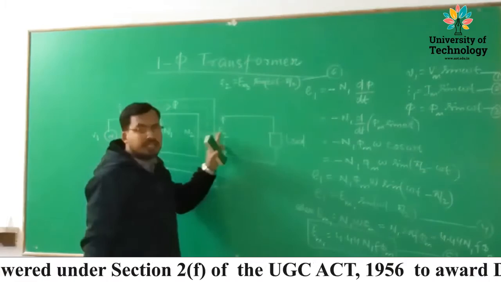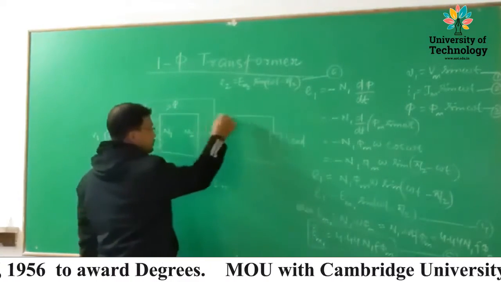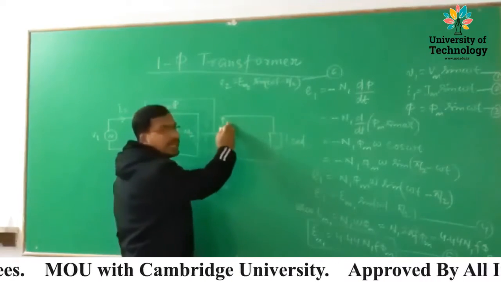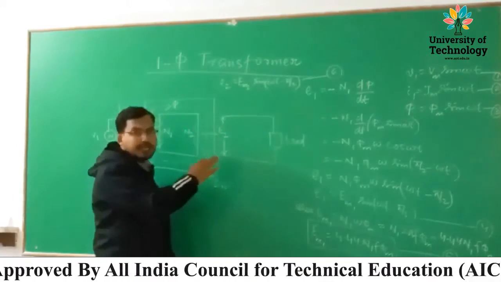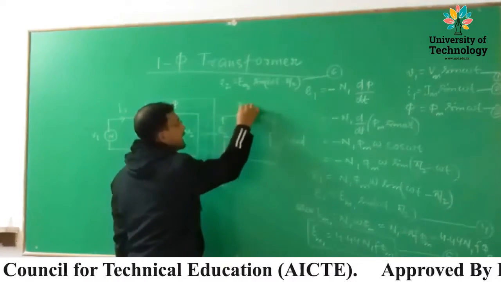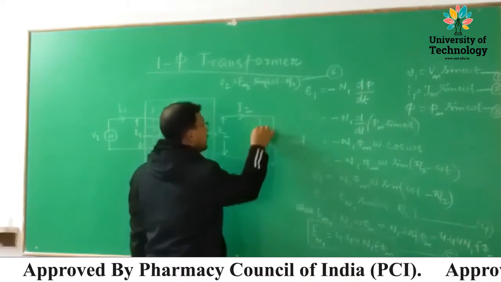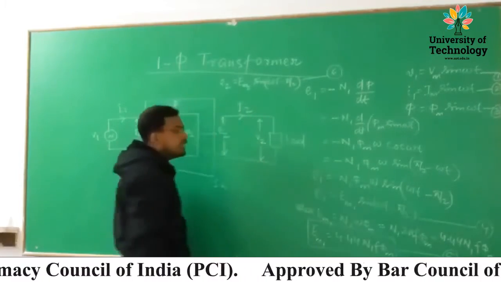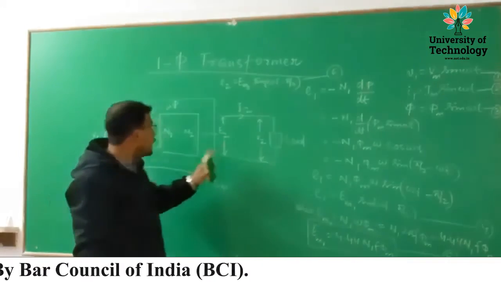EMF E2 is the voltage induced in the secondary winding, and when the secondary side is connected with the load, it becomes a closed circuit and it produces a secondary current I2, and due to this current, we will get a load voltage V2 across the load side.